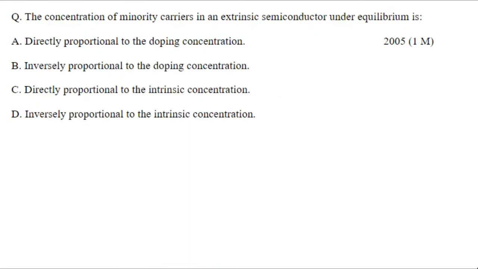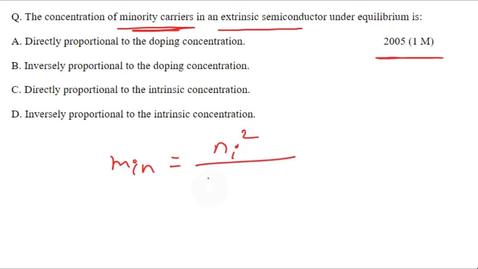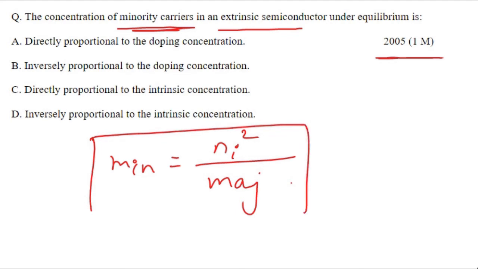Now moving on to the next question. This is an easy question, which came in 2005 for 1 mark. Again we have to use the previous formula. The minority carrier in an extrinsic semiconductor under equilibrium is what? Minority is equal to Ni square divided by majority. This is the formula which we have to compare with the options.